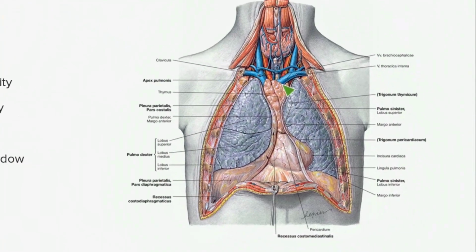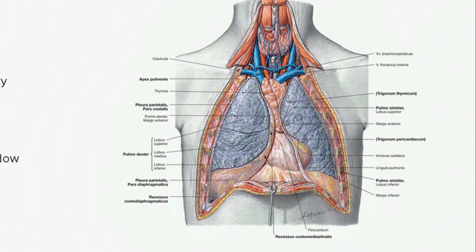This is the mediastinum. Also of note is the fact that we have a nice cardiac or heart window right in through here, and part of that window is provided by the fact that the left lung gets displaced toward the left side of the thoracic cavity, towards its own pleural cavity, and there's a notch created by the impression of the heart.